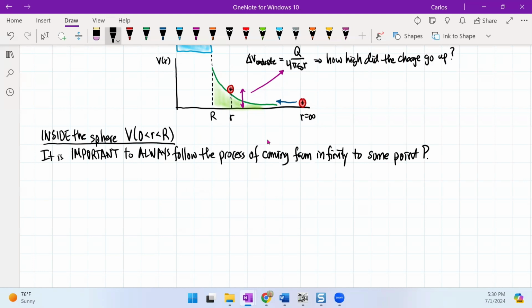So you got to remember this. Always start at infinity and work your way in.